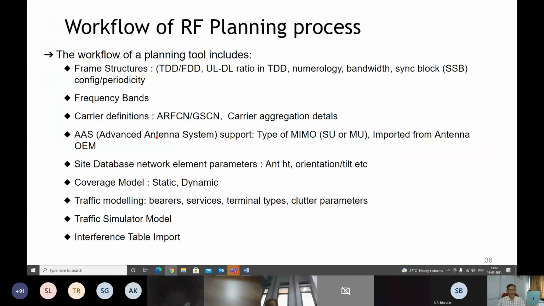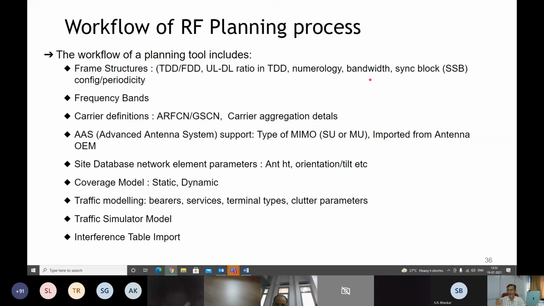Then you define the TDD ratio and the TDD numerology, that is, suppose it is 5G, what band part you are using, and the synchronous block you are using. For example, for 2G, you can think of how many BCCH time slots you want to give.